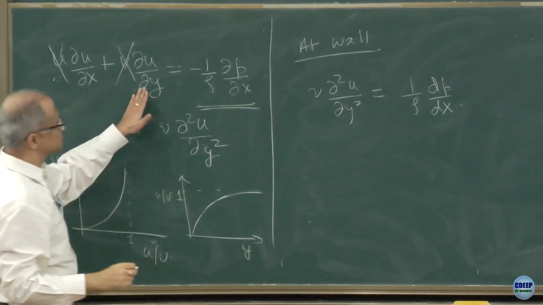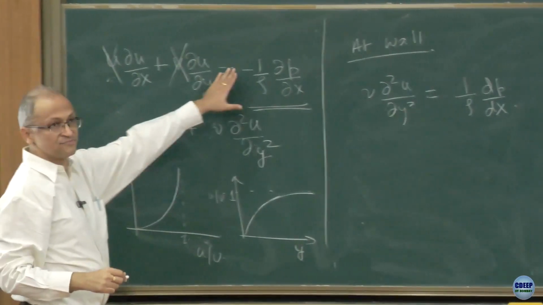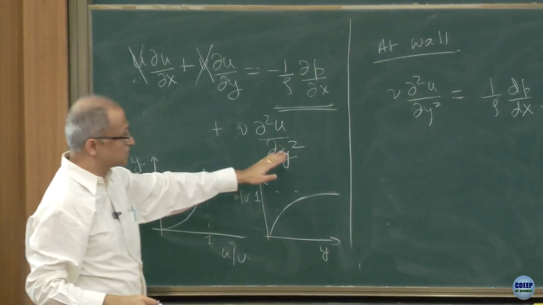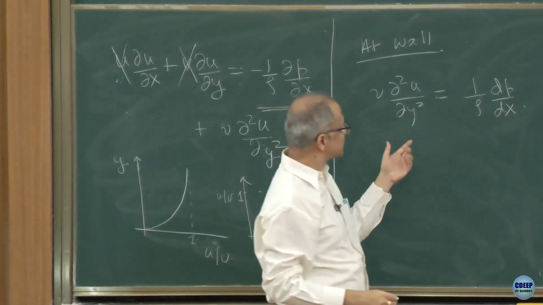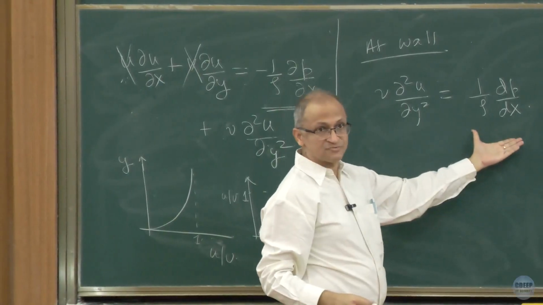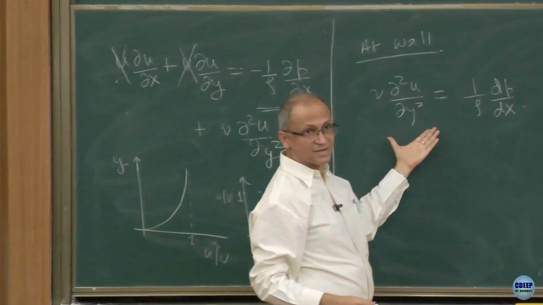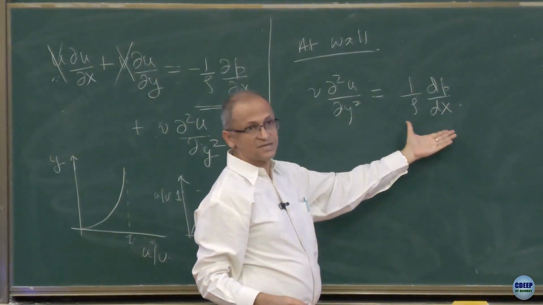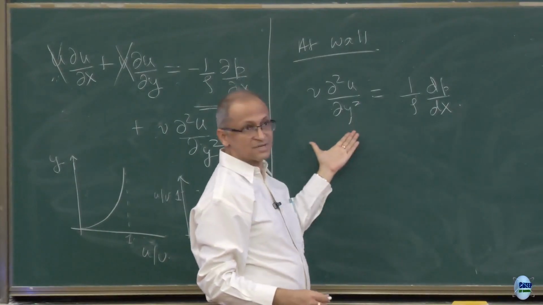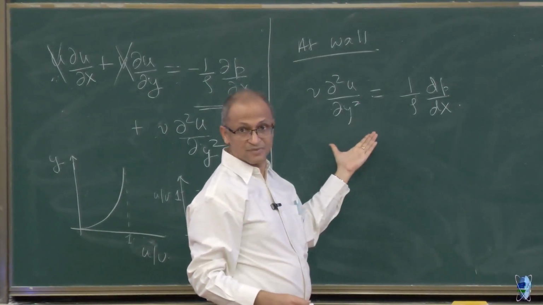So I have gotten rid of these two terms in the equation, and I have equated these two terms at the wall. So this is what I will get. Now you can see that when dp/dx is negative, the curvature at the wall that I need is negative. And if dp/dx is positive, the curvature that I need at the wall is positive.